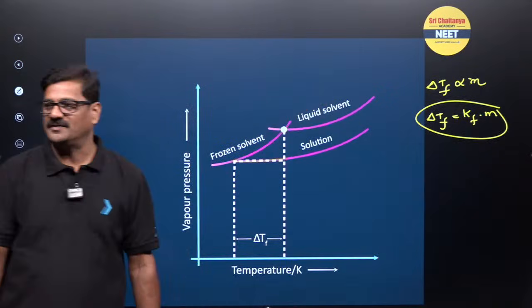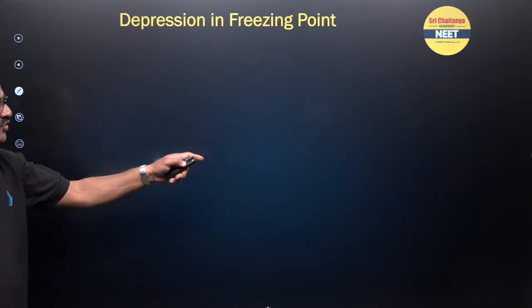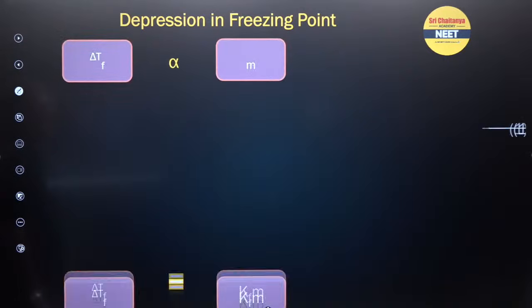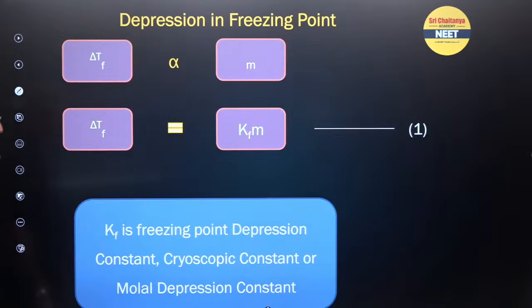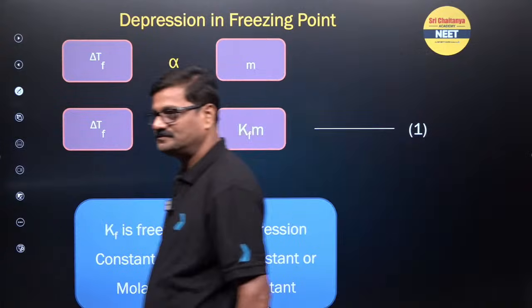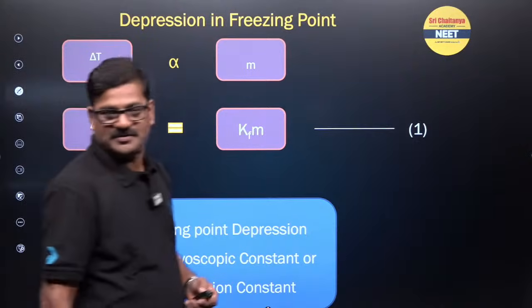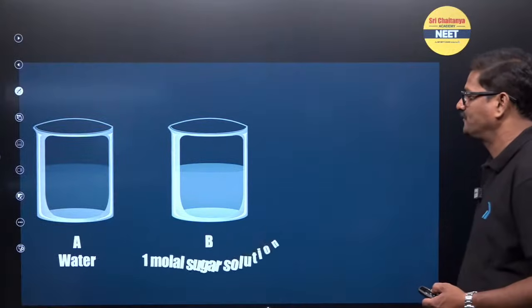And that Kf is called the cryoscopic constant, or molar depression constant. Are you getting it or not? Everybody? Let us see how it is defined.